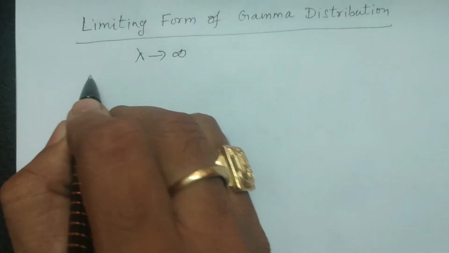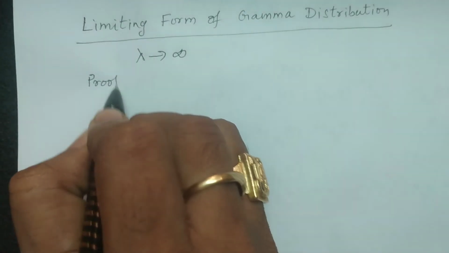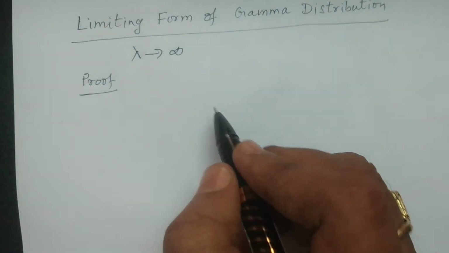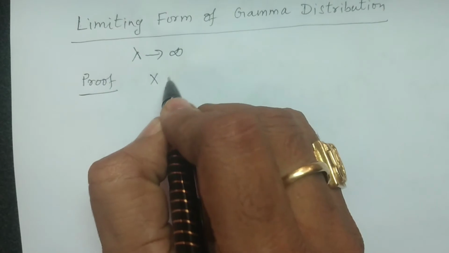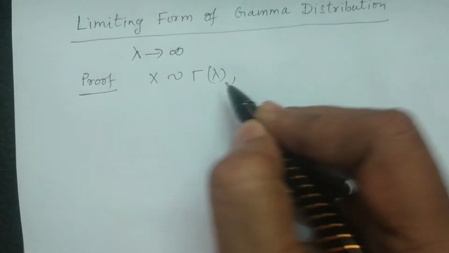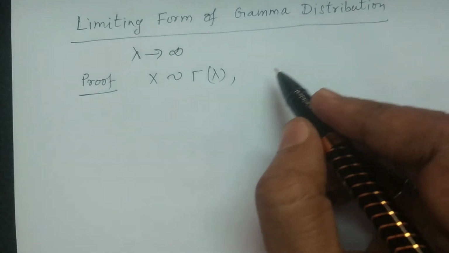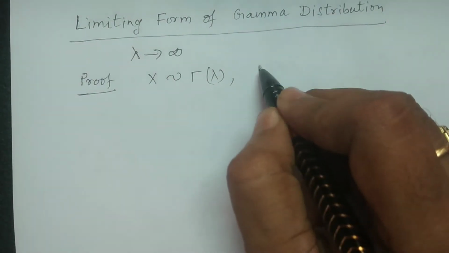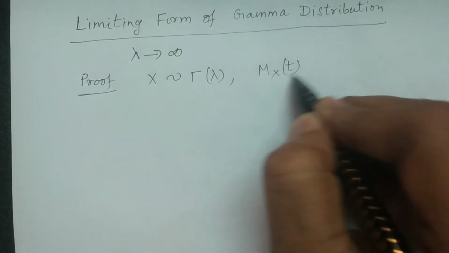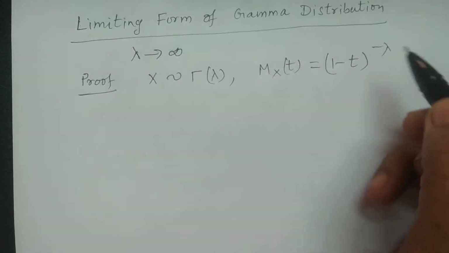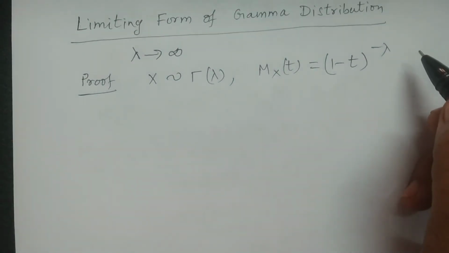Now, the proof of this particular statement. For example, if X follows a gamma distribution with parameter lambda, then the moment generating function of the gamma distribution is M_X(t) = (1 - t)^(-lambda).